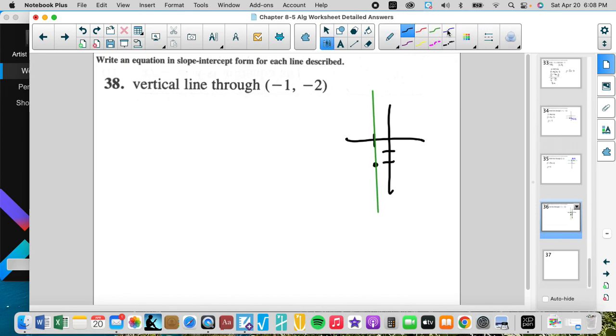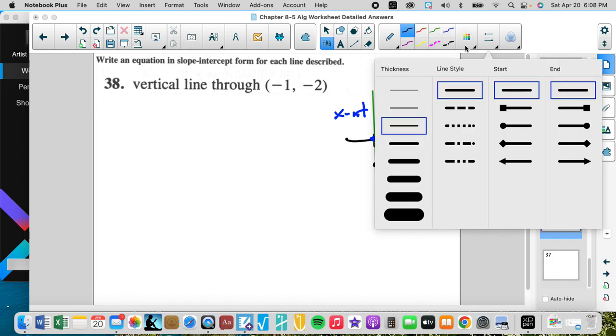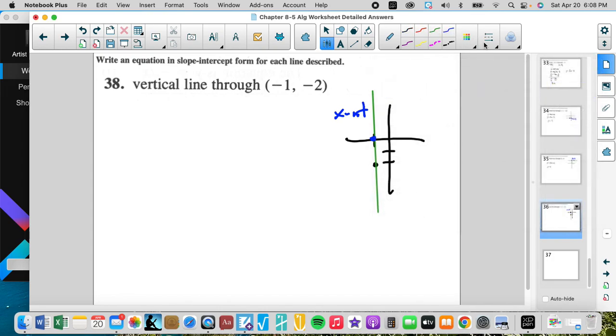So this time, notice, what is this? This is my x-intercept. And my equation asks for the y-intercept. So when we put it in y equals mx plus b, first of all, there is no y-intercept because it never crosses the y-axis.